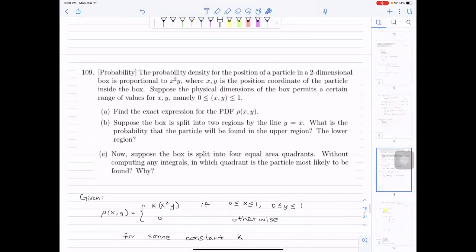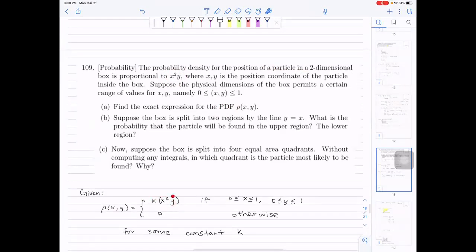So just to get you started, what they're saying is that our density is x squared y times some constant, right? We don't know what constant it is because that's what we're trying to find. It's basically saying it's c times something. We want to find c so that we make sure it's a PDF, like we make sure that integrating it actually gives us 1. So it's c times x squared y on our domain and 0 everywhere else besides our domain.